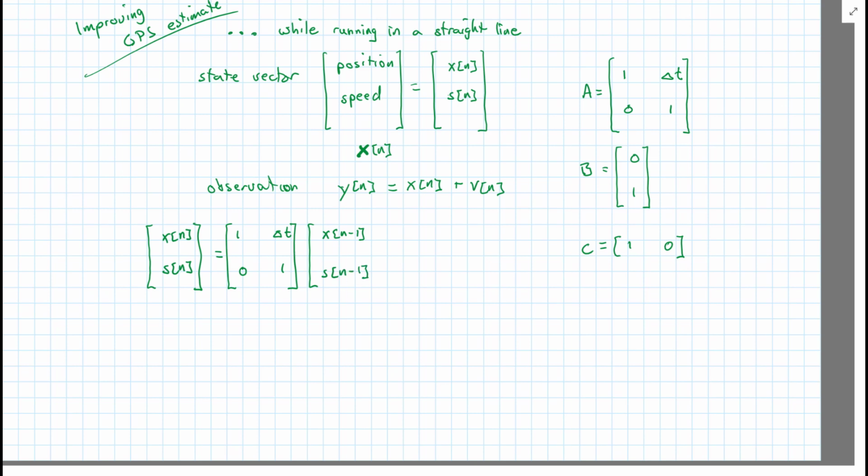So in this case, the default assumption is maybe from conservation of momentum in physics that our speed is going to stay the same unless acted on, in this case, by W. And our observation, which is of our current position, that's going to be selected using our C matrix from x of n and s of n, and there will be some noise with that observation.